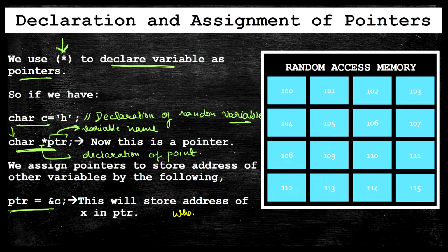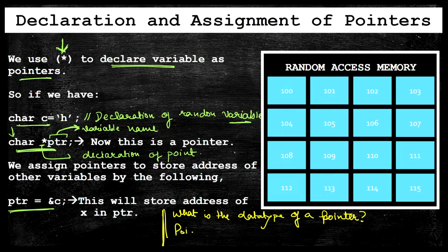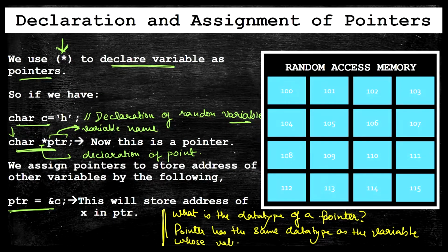What is the data type of a pointer? See, a pointer has the same data type as the variable whose value it is storing.